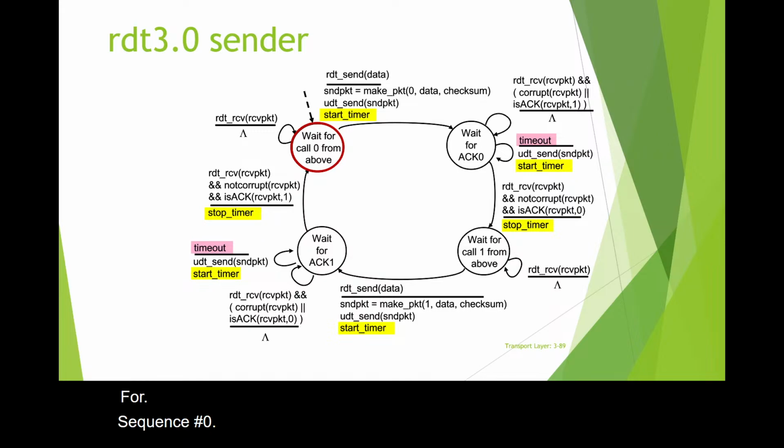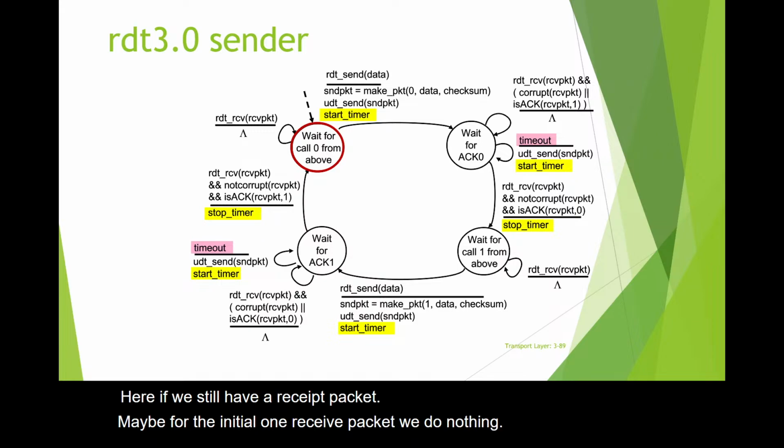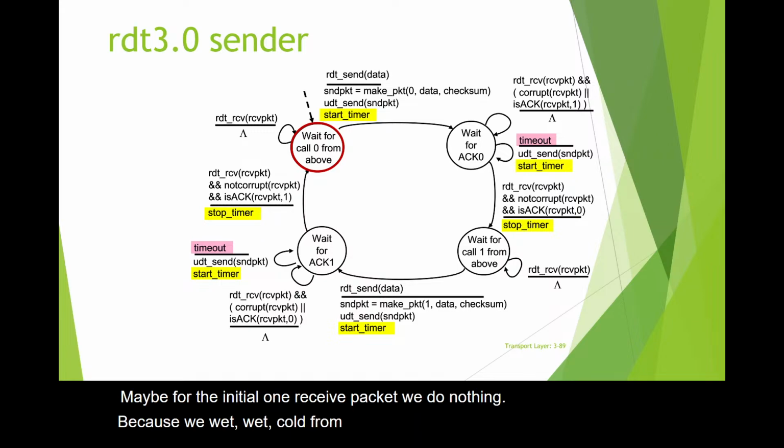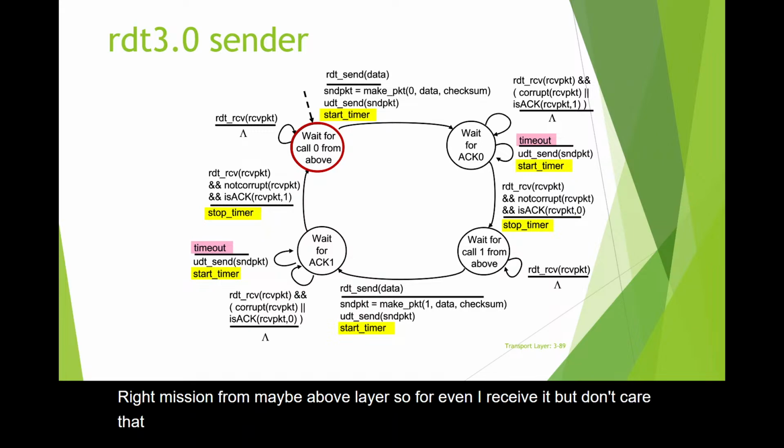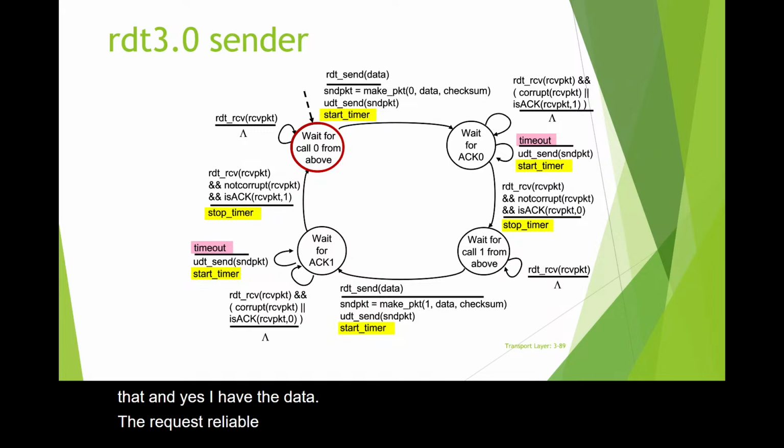If we receive a packet at the initial state, we do nothing because we wait for the call from the above layer. Even if I receive it, I don't care. And yes, I have the data request, reliable data transfer, so we make the packet, same as before.